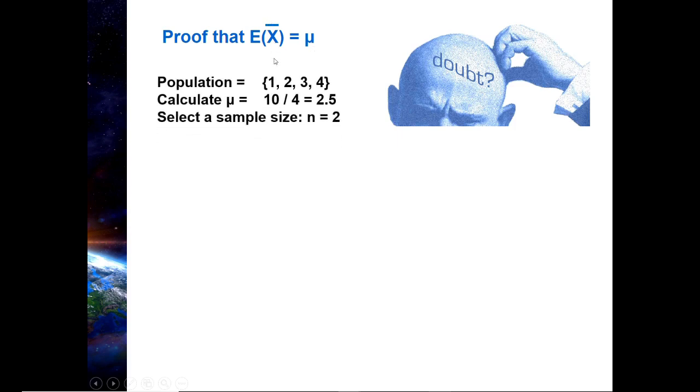So here we go. We have our population, 1, 2, 3, 4. I'm going to calculate the mean of this population, which is pretty easy to do. You just have to add up these 4 numbers, and that equals 10. Divide by 4 gives you 2.5. Okay, so this is mu. And we're going to select a sample size of 2. I'm going to keep it really simple here.